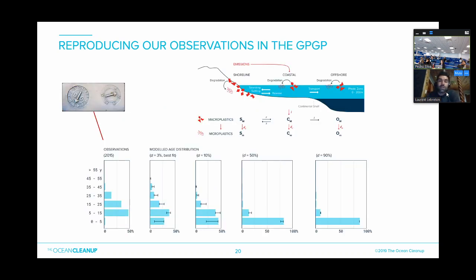And so what we try to do is reproduce the observations that we see offshore, and we vary all the different parameters from 0 to 100%. Basically, we're talking about mass of plastic, and we found that the main parameter acting on the age pyramid, the population of plastic, is the degradation rate, right?